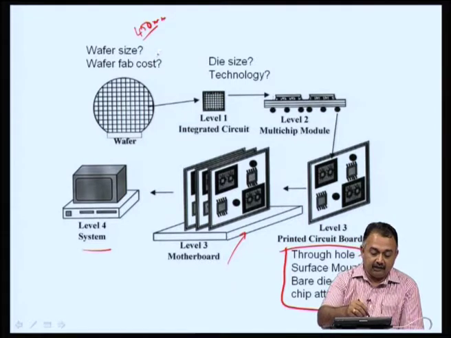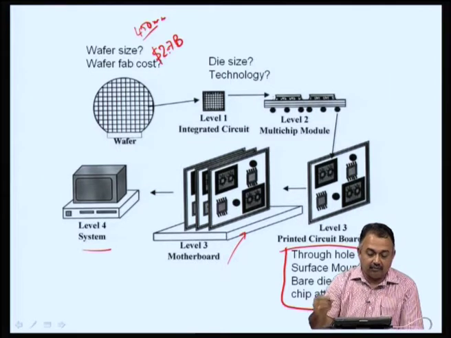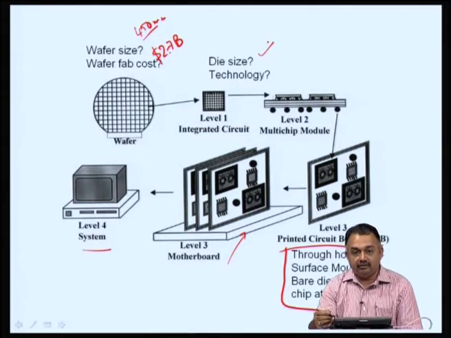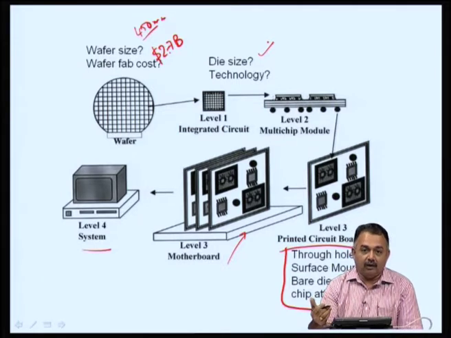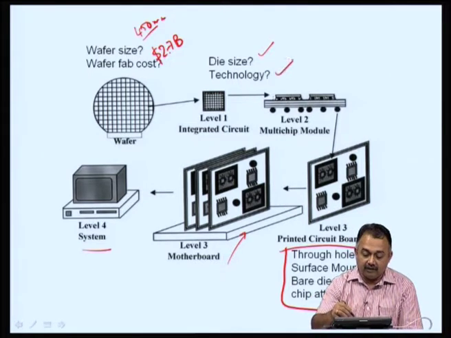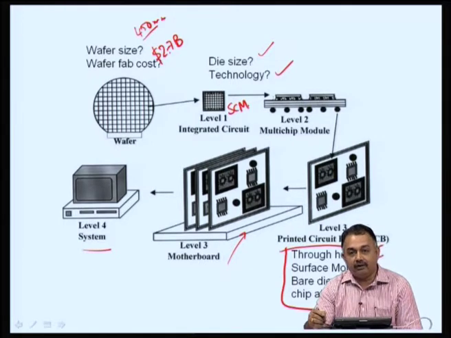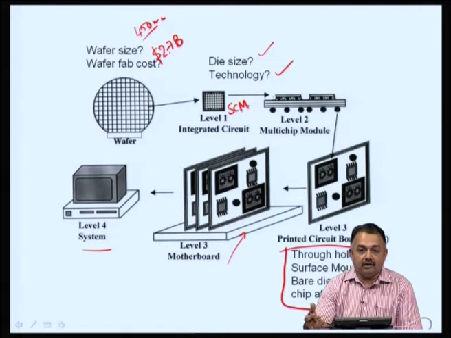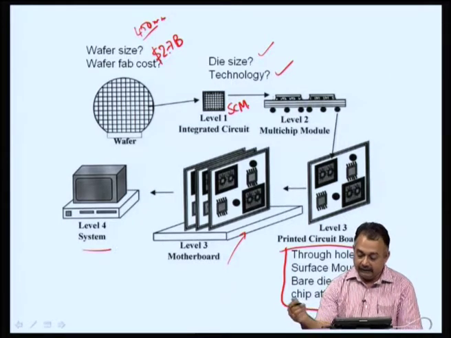Wafer fab cost I have indicated in the last class, something like $2.7 billion to set up a wafer fab, and the die size from the wafer depends on what kind of package you want to make and the number of IOs that you want, whether it is going to be 600 IOs or 4000 IOs and so on, and what kind of technology we will use to package this single chip module. This is a single chip module, whether you are going to use a solder ball interconnect technology or you are going to use simple pins, okay, as input output leads.